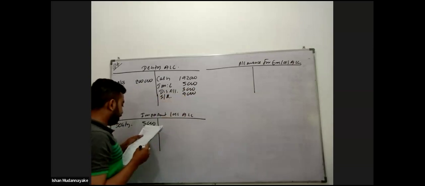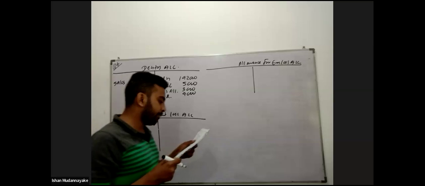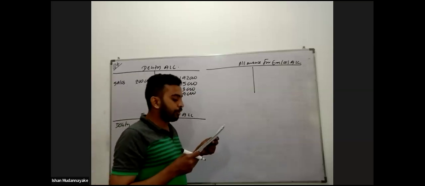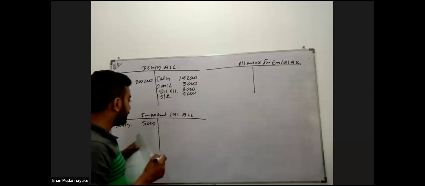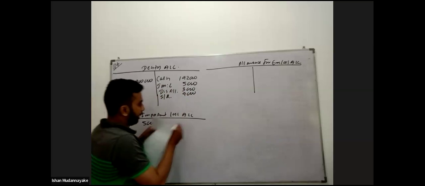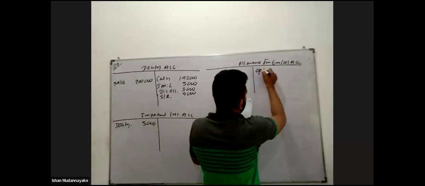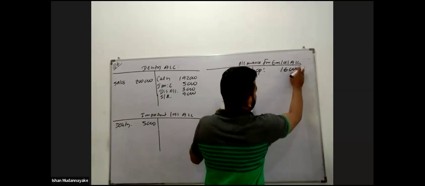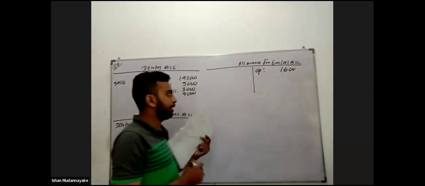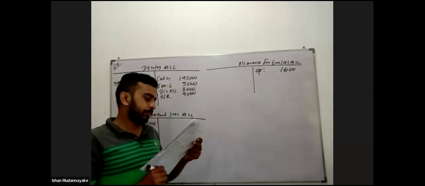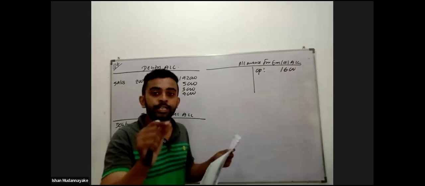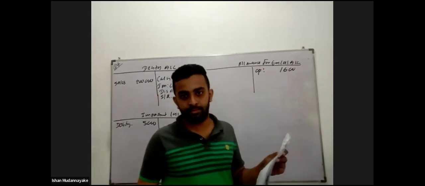The allowance for expected loss policy of the business is 5% on the opening balance. The allowance for expected loss account opening balance is 1,600.